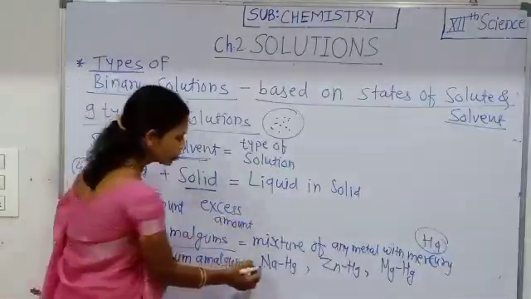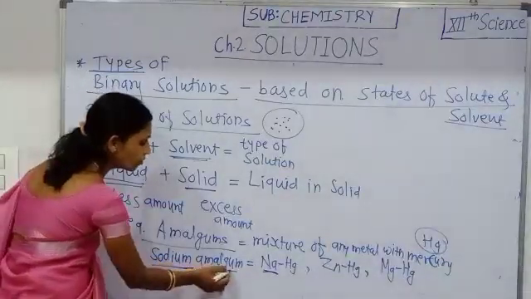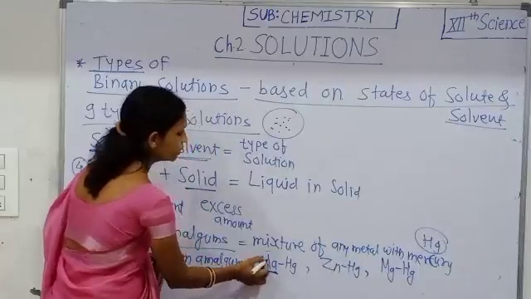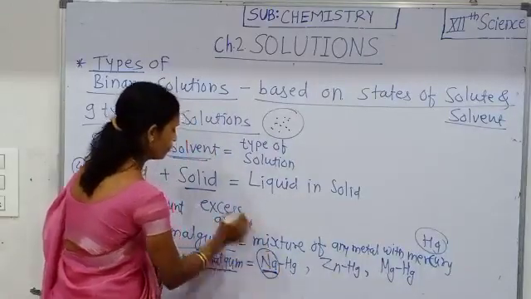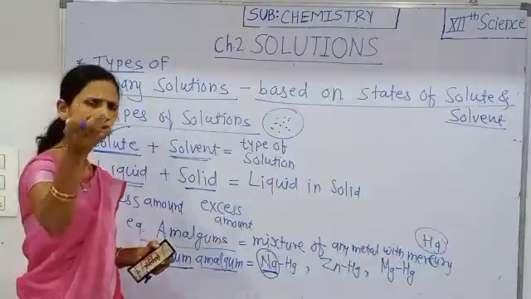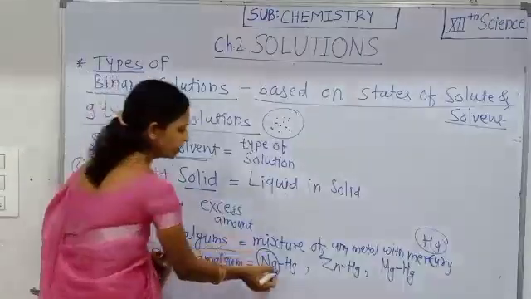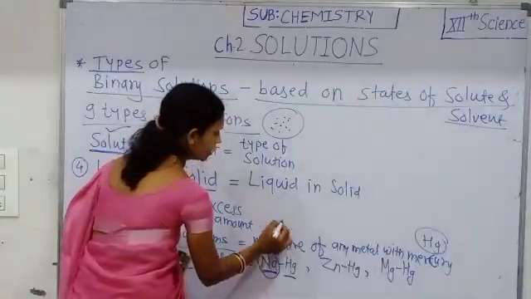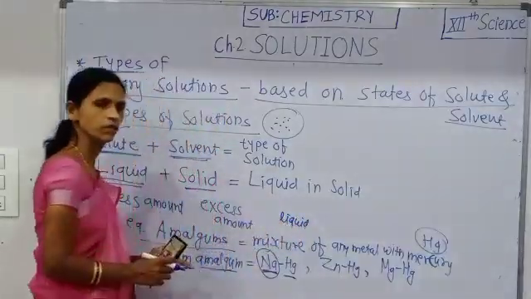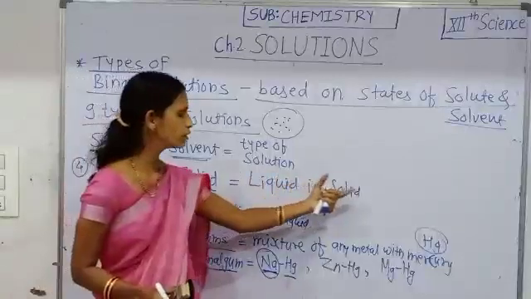Because see here, sodium amalgam, that means it is a mixture of sodium and mercury. And here Na, sodium is a solid which is in larger amount, in which a few drops of mercury are mixed, and mercury is in liquid state at room temperature, and therefore that is an example of liquid in solid type.